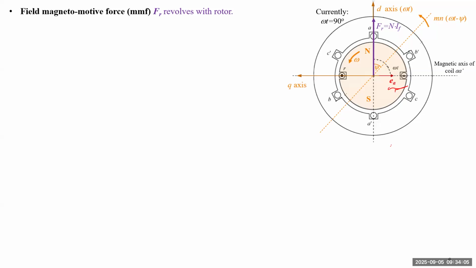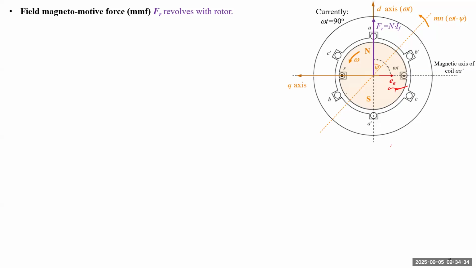To determine the magnitude of this voltage, we have to know what contributes to inducing it. That is usually the voltage induced by magnetomotive force. Magnetomotive force means you have current inducing a magnetic field, and the magnetic field induces voltage.